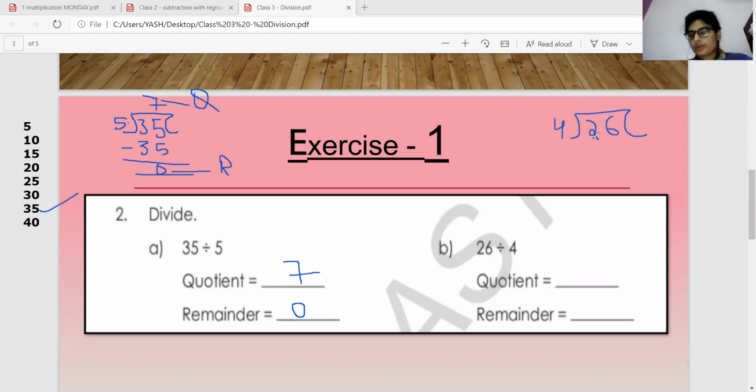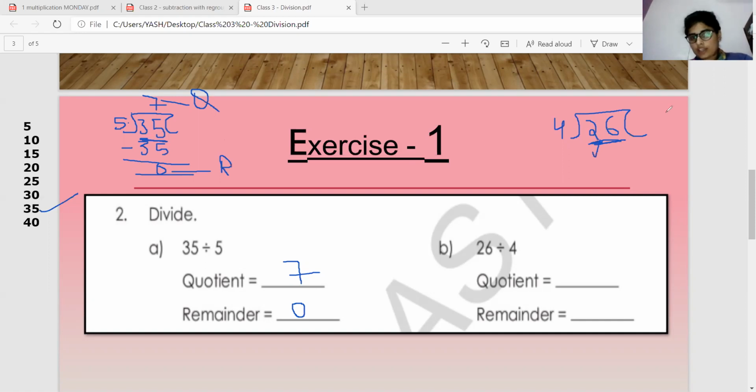Now you can see 2 is smaller than 4. That means you cannot just write anything here. So you have to take these two numbers together. Like before, 3 was also smaller than 5, which is why you needed to take two numbers together.